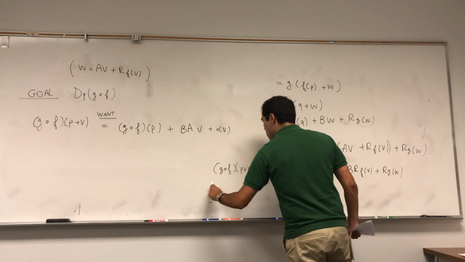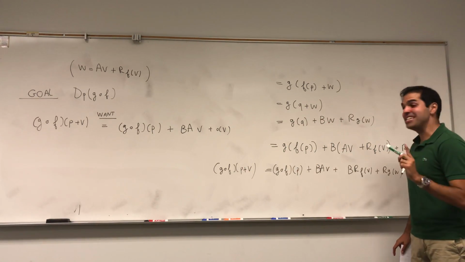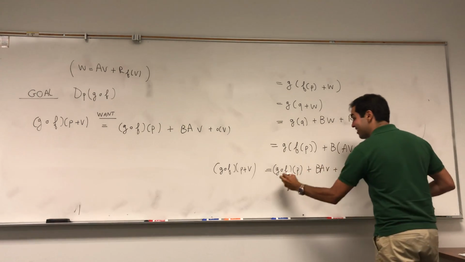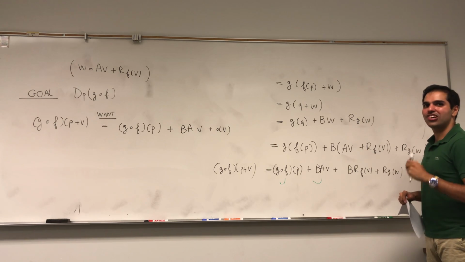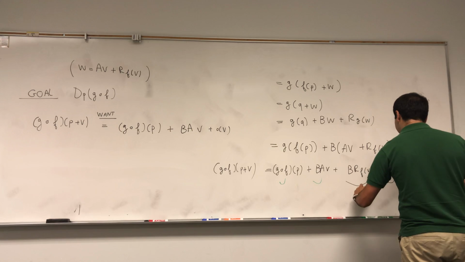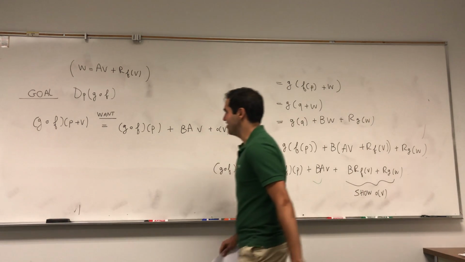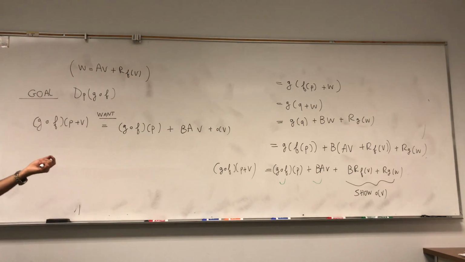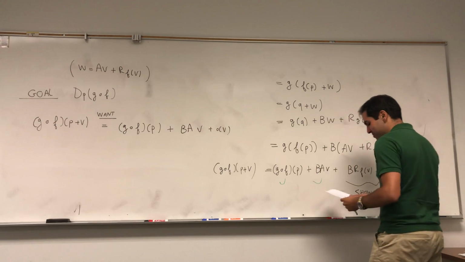We've shown that g composed with f of p plus v is g composed with f of p plus BAv, great, plus this term. And all that's left is to show that this is small, so show that this is sublinear. Show that as v gets small, this whole thing gets small. You see how neat it is? We've barely done any thinking. We've just plugged in a bunch of stuff and used this linear equation almost.